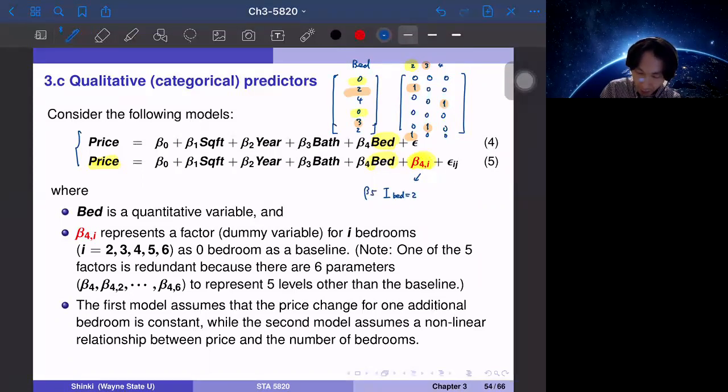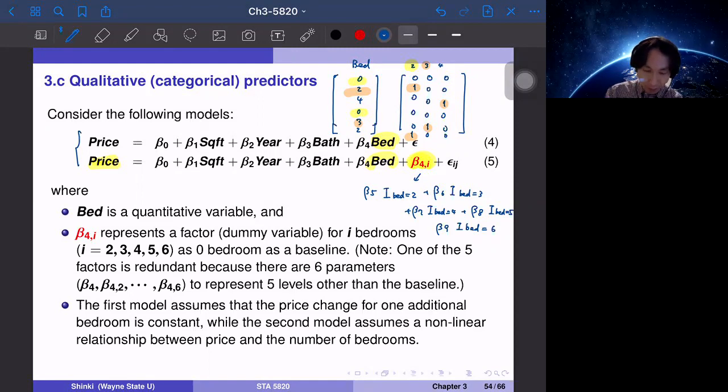So we have maybe beta 5 plus this, and beta 6 times bed 3, and beta 7 times the dummy variable for bed equal to 4, and beta 8 times the indicator variable of bed 5, and maybe the indicator variable for 6 bedrooms. So we have this one. I just said beta sub 4i, but this actually represents the dummy variables.